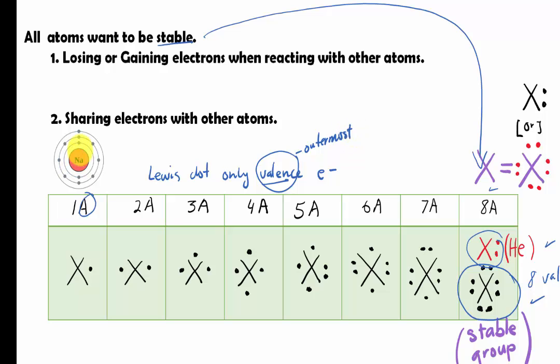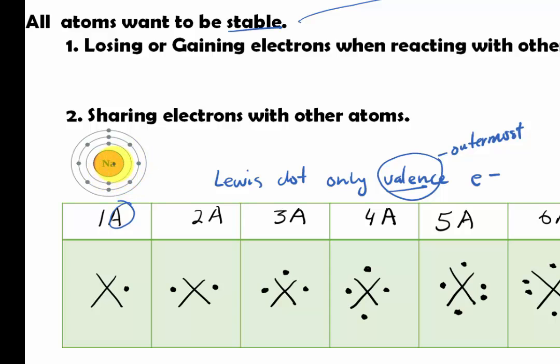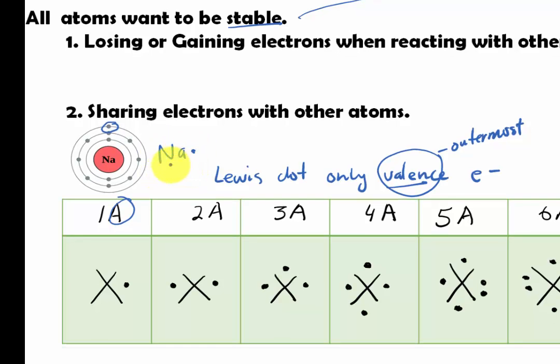So we look at this compound right here. Here we have sodium. This is a Bohr model of sodium. Notice all those little dots are electrons, but the outermost electron is this one right here. And sodium is in group 1A. That's why I put it right here. So look at sodium. That would be Na like this. This would be the Lewis dot structure for sodium.